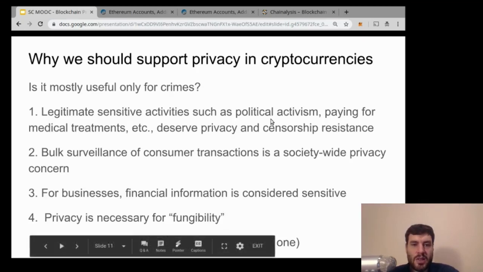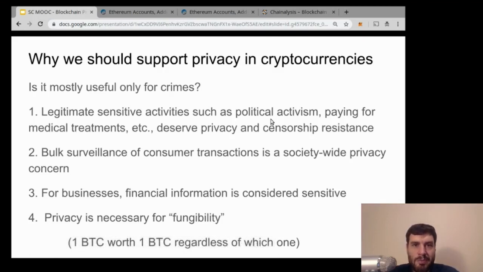But because of this fact that transactions and accounts can be so easily traceable, there's no guarantee that you would get the same price in an exchange for a coin that, for example, comes from a hot account that has some association with, say, if an account previously made a donation to a contentious political organization or to a nonprofit like Courage Foundation, maybe an exchange would be more skeptical to just trade with it.